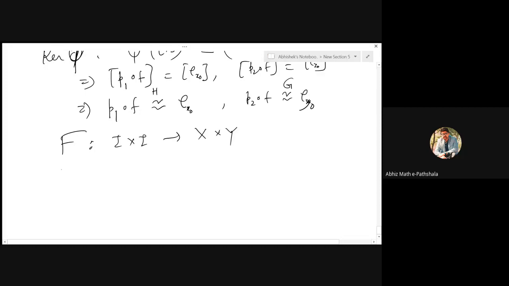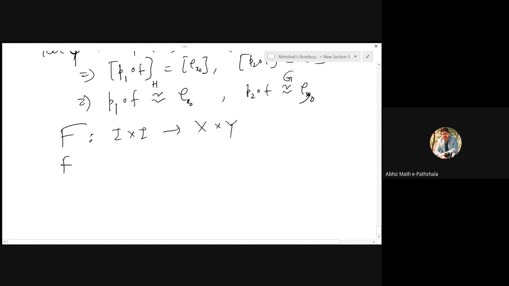What is the path homotopy? The path homotopy is like that. This is actually H of S comma T, and this is G of S comma T.